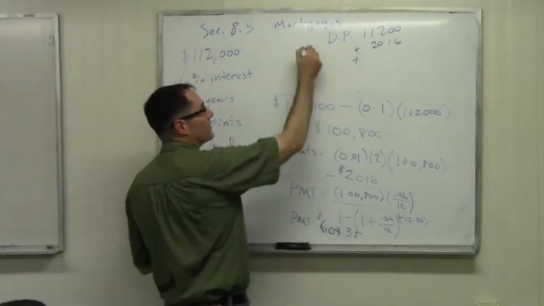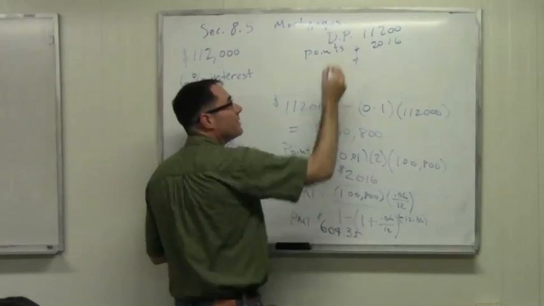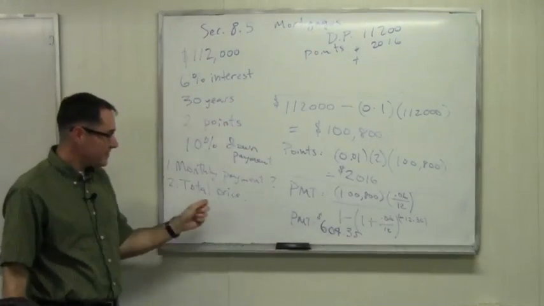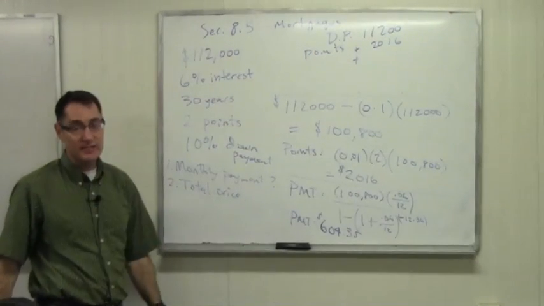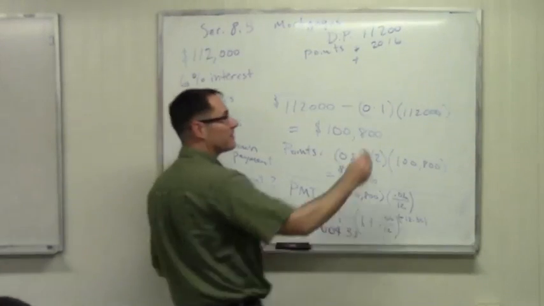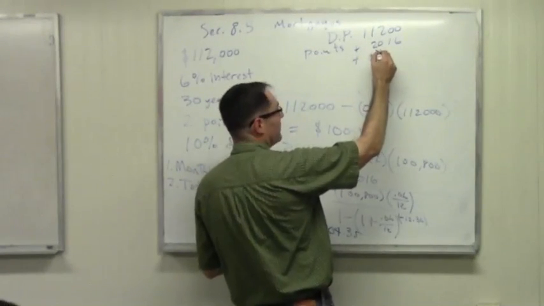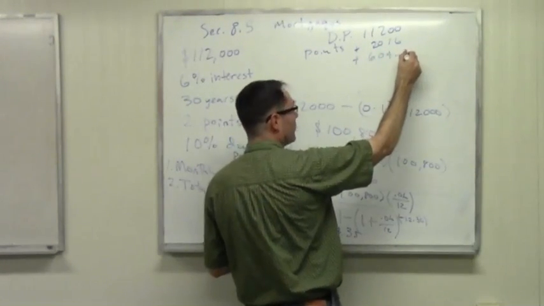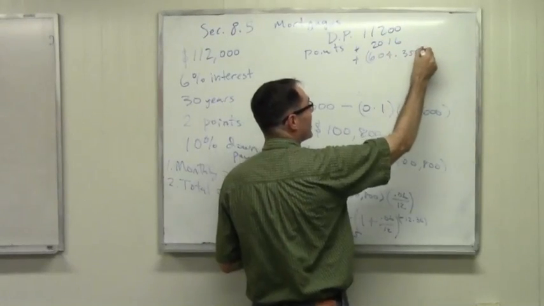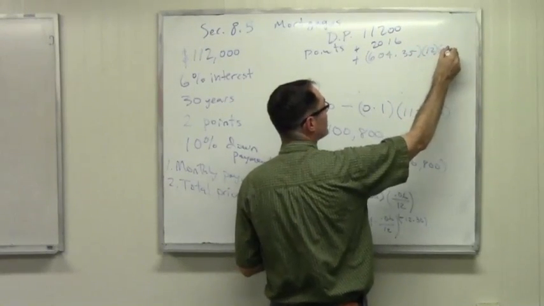Now, you pay this amount, $604.35, for 30 years, every month. $604.35 times 12 times 30.